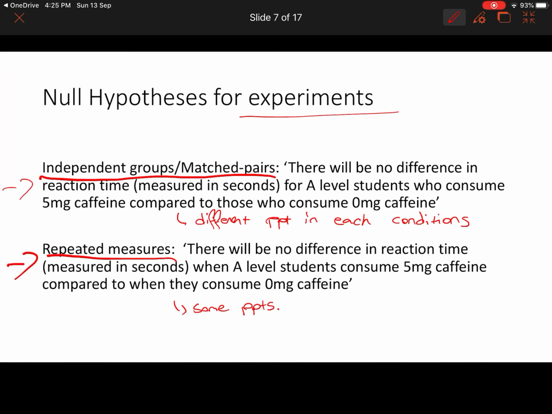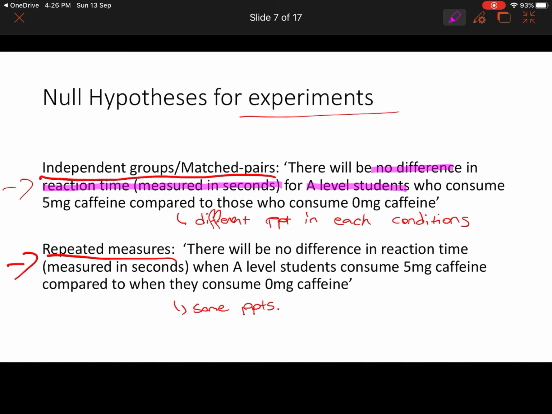So for our independent groups and our matched pairs design, there'll be no difference in reaction time for A-level students who consume 5 milligrams of caffeine compared to those who consume 0 milligrams of caffeine. So here it's very, very clear that there will be no difference, indicating that this is a null hypothesis. We have our dependent variable, our reaction time, and exactly how that's going to be measured.